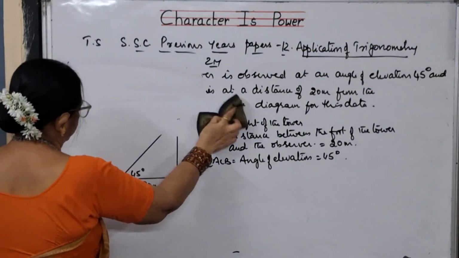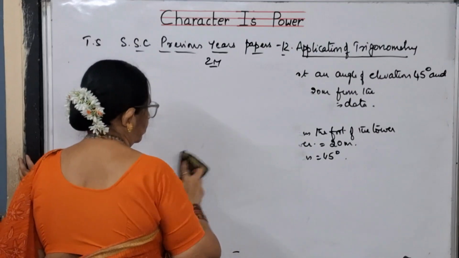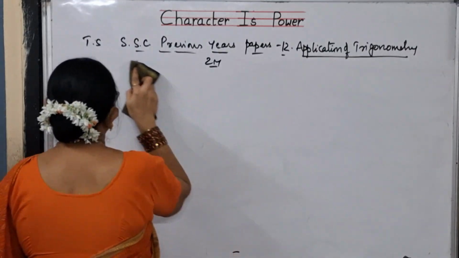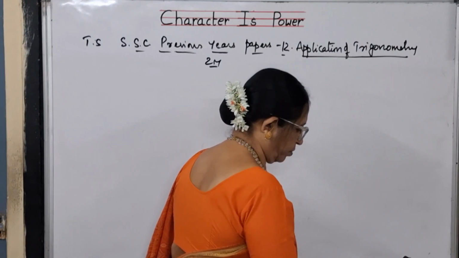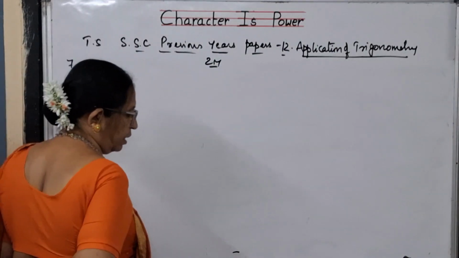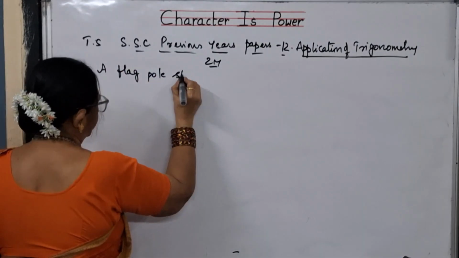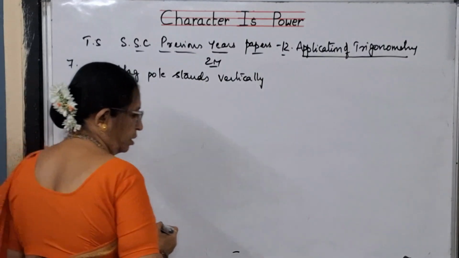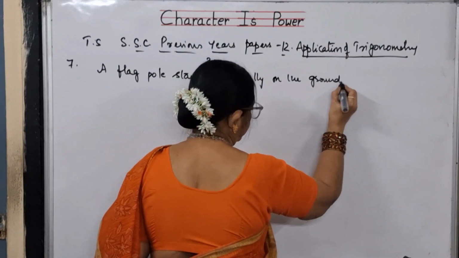Now, seventh sum. A flagpole stands vertically on the ground.